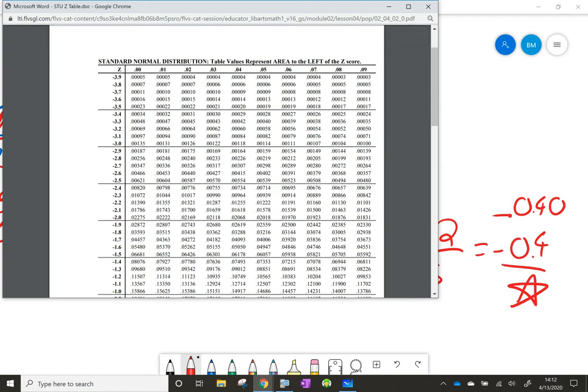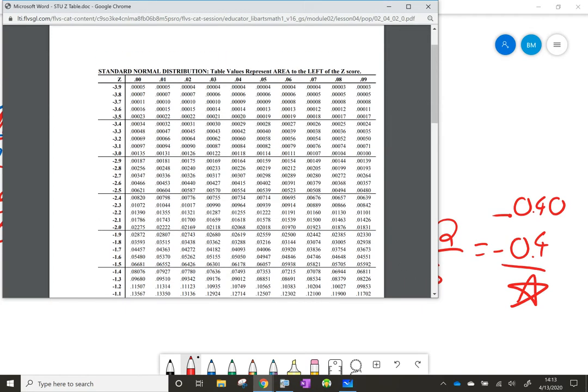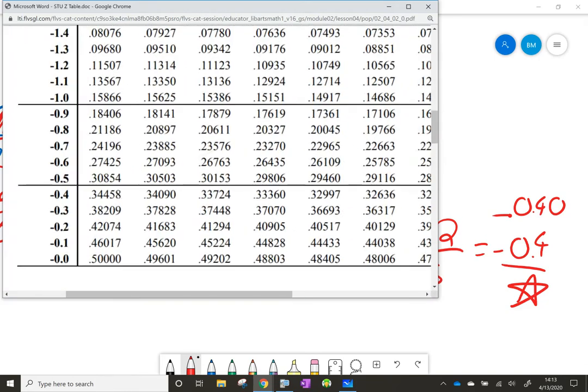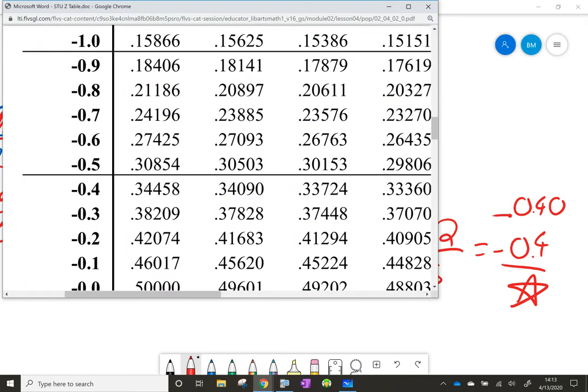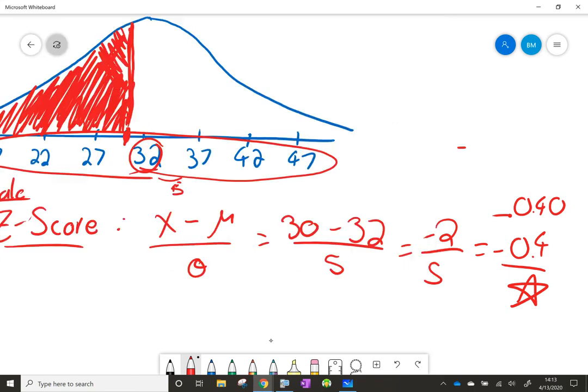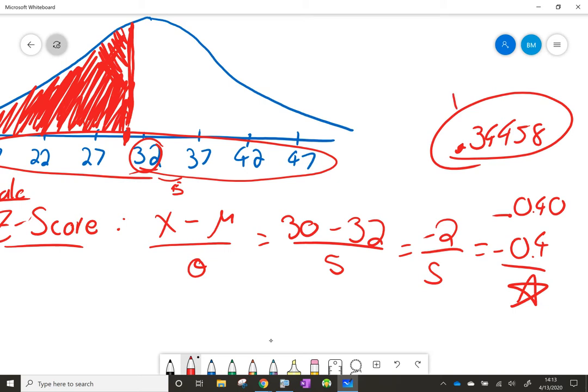So since it's 0.40, we're going to look at the very first column. So negative 0.4 in the first column says, I'm sorry, says 0.34458. So this is our probability, just like that.